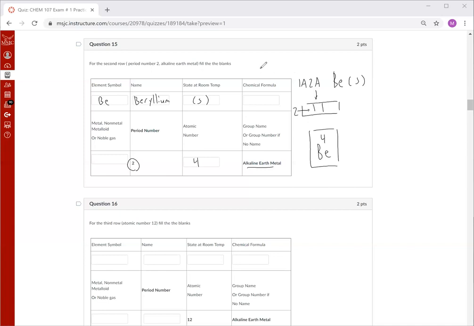In terms of the chemical formula, we know that it's a solid. Metals, are they generally atomic or polyatomic? Do we see one atom or multiple atoms as part of the formula for a metal? Oh, polyatomic? For metals? What would we expect the formula for beryllium to be?